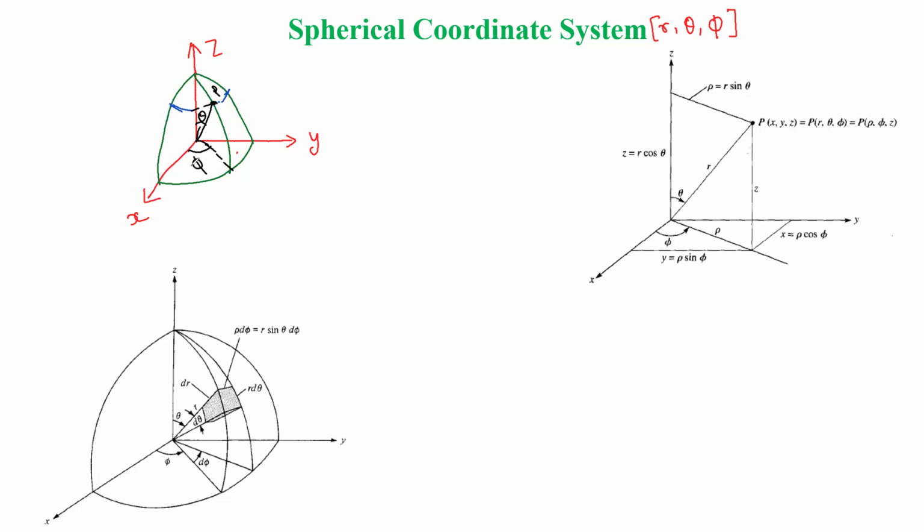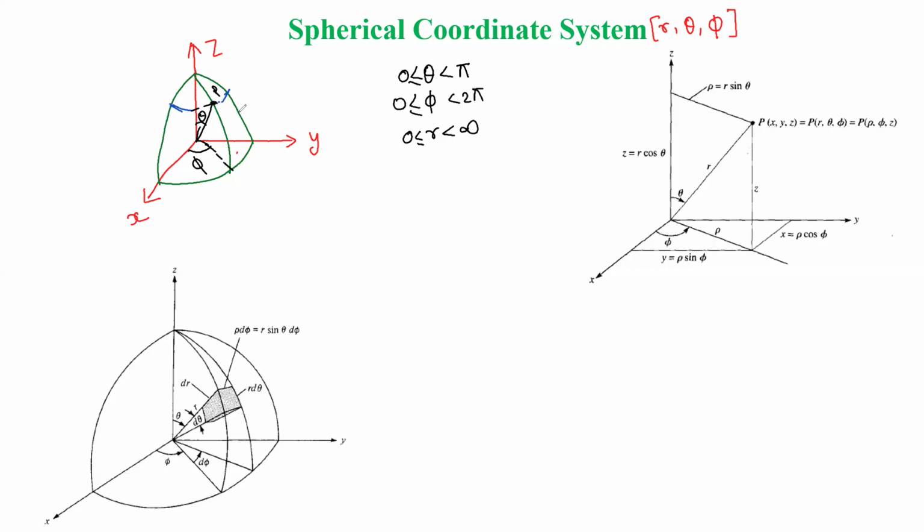Phi. So theta is going to change. What is the range of theta? Theta changes from 0 to pi. Whereas phi changes from 0 to 2 pi. And r is the radius. It can be 0 or it can be a maximum of infinity. Like this, we are able to find the range of the three different parameters.